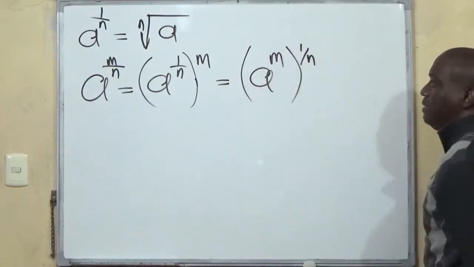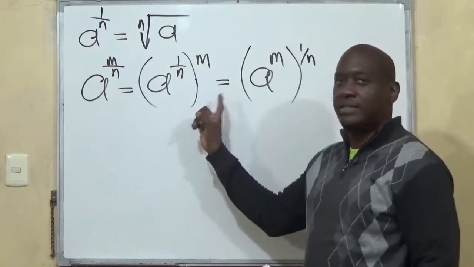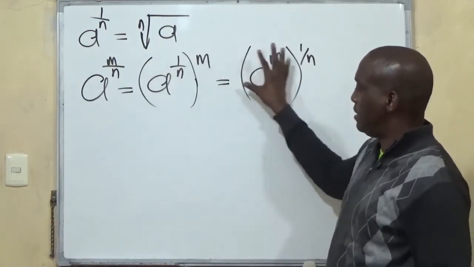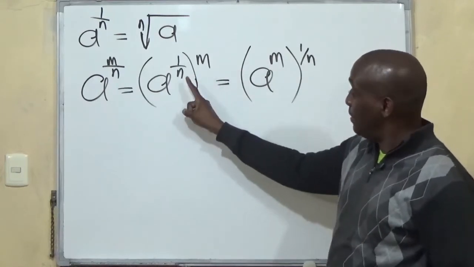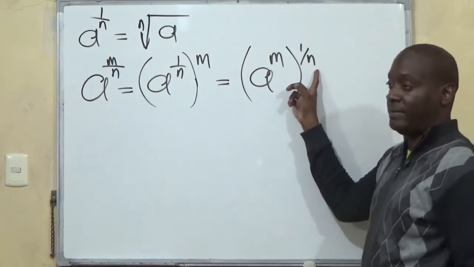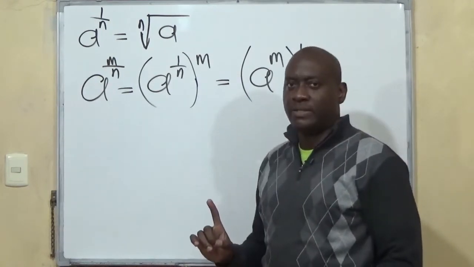Well, we didn't say that exactly, but we did the examples, so we more or less said it. Remember, yes, we did say that earlier on in the same video. We invoked the commutative property: 1 over n times m is the same thing as m times 1 over n. What's the reason why I'm doing this? Watch carefully.